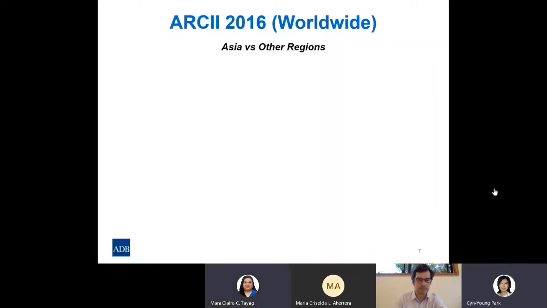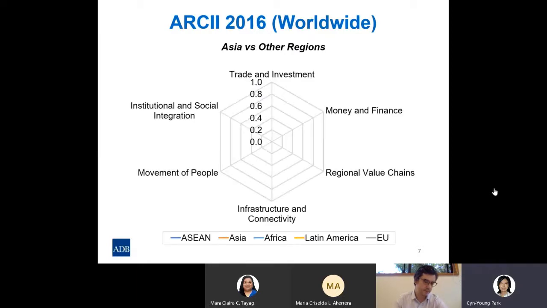So this is the latest ARCII that has been computed using normalization across all countries in the sample around the world, and we compare Asia's regional integration vis-a-vis other regions, including the EU and Latin America, etc. The blue line shows ASEAN's performance in ARCII.